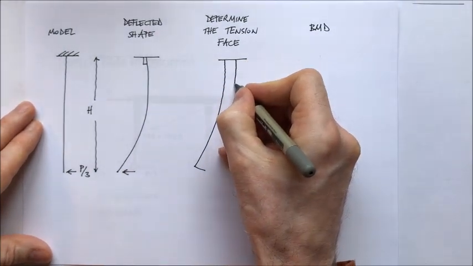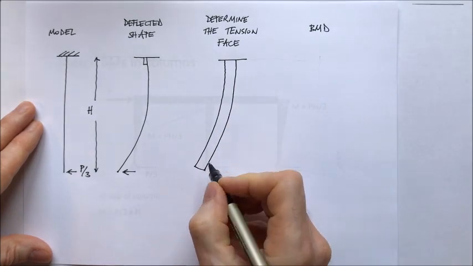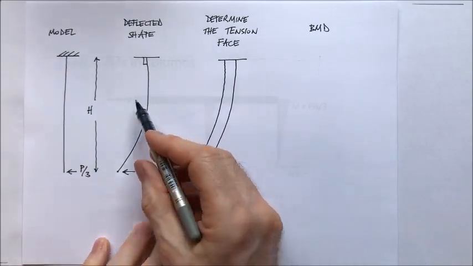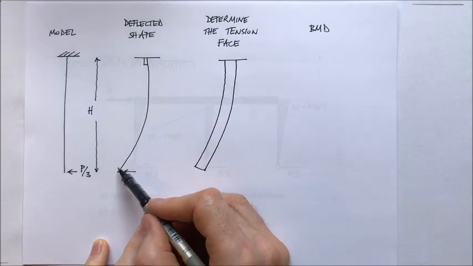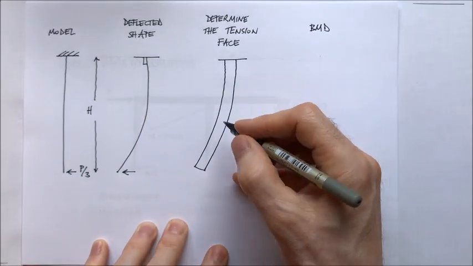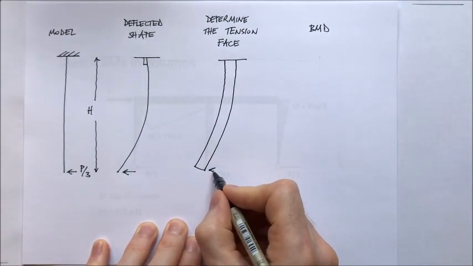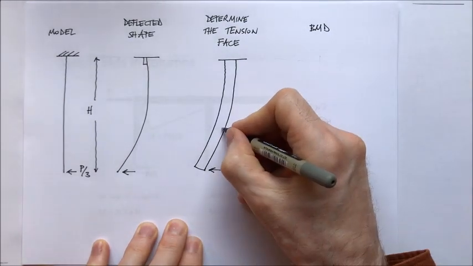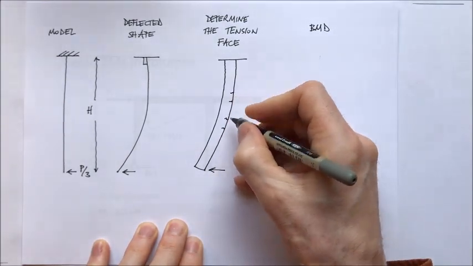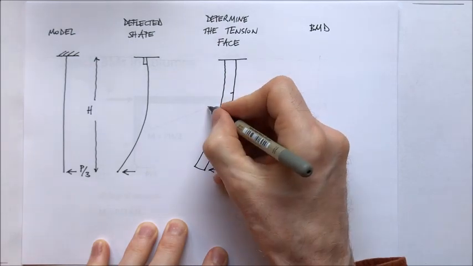This is more of a model of the cantilevering leg. So I can see that by forcing it over to the left hand side here, I'm going to develop cracks here, so this is the tension face and this is the compression face.